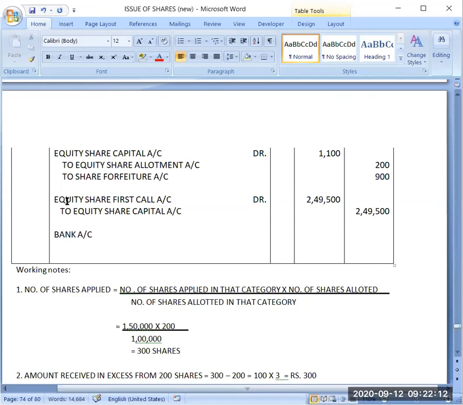Then bank account, debit, 2,49,500, to equity share first call account, 2,49,500.